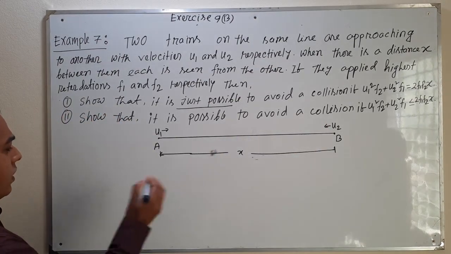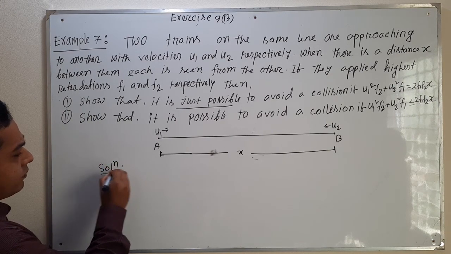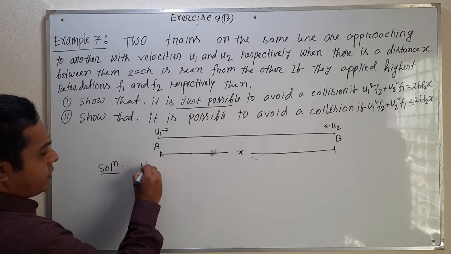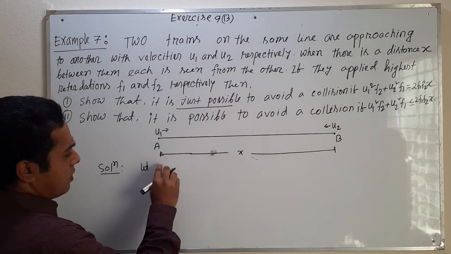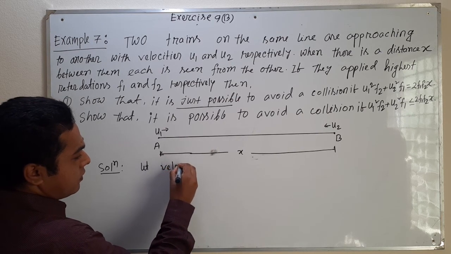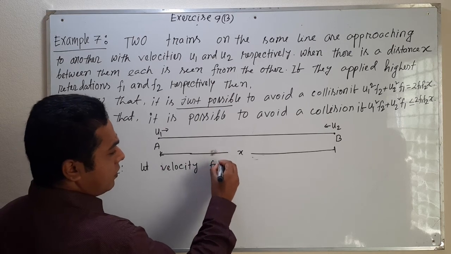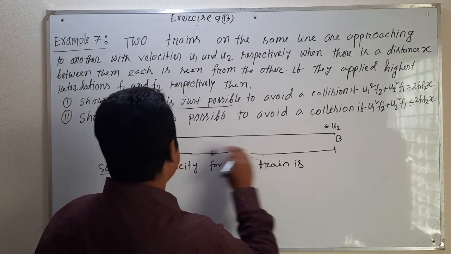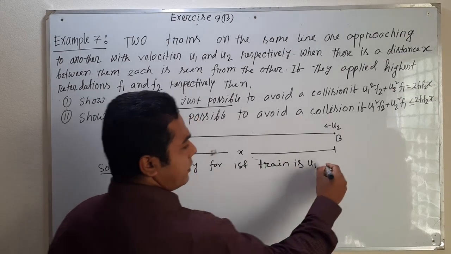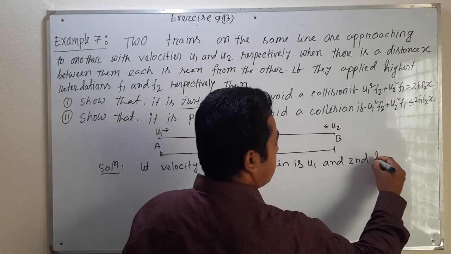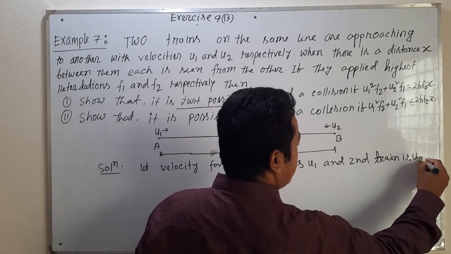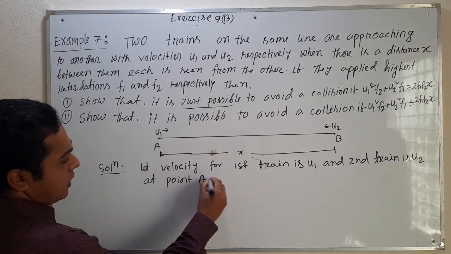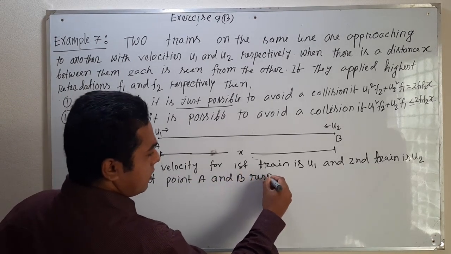Now the description. Let the velocity of the first train be u1 and of the second train be u2, at points A and B respectively.